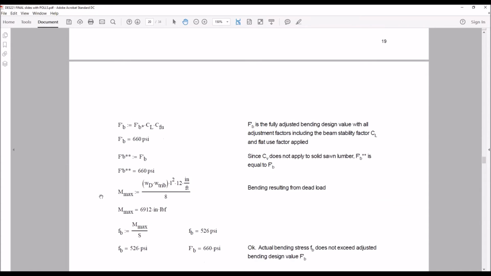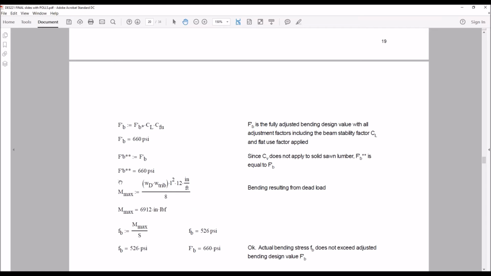And then we also see that in this example, we calculate something called F sub B star. It's denoted with 2 stars. And that's something that you might need to use if you're calculating a glulam member capacity.